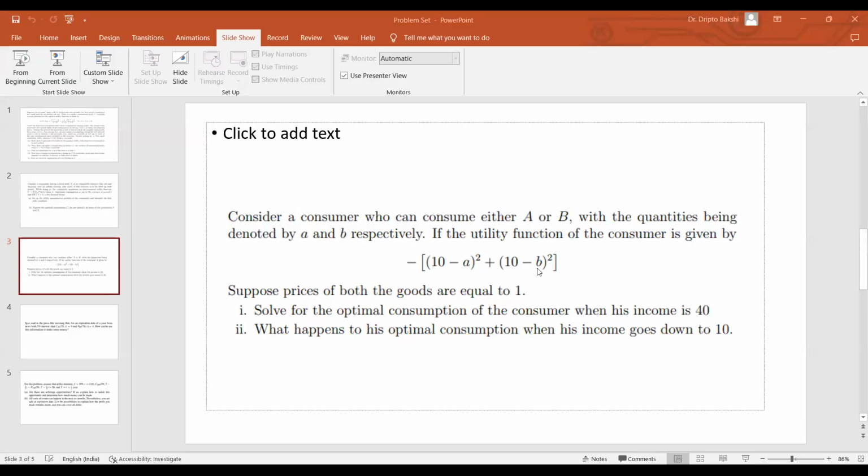It's actually not equal to 40, but less than or equal to 40. Do you see this? You have your 40 rupees, but you need not spend all of that 40 rupees. And let's see why that is the case here.